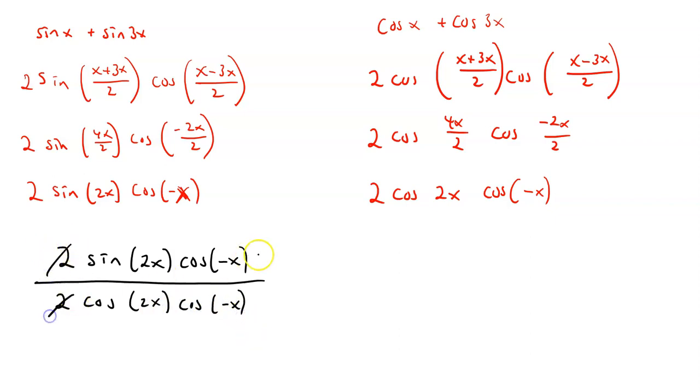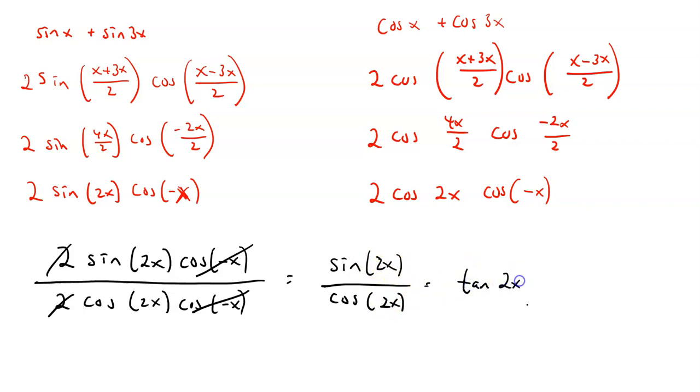So the 2's go away. The cosine of negative x's go away. And I'm left with the sine of 2x over the cosine of 2x. Well, sine over cosine is tangent, so sine of 2x over cosine of 2x must be the tan of 2x.